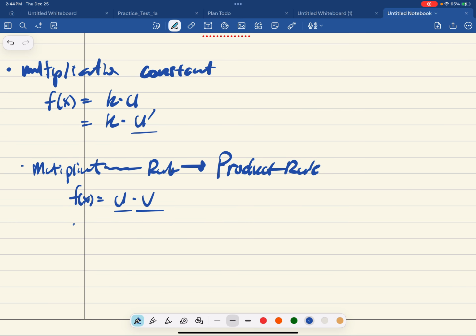Product rule, I didn't finish saying. Every time you derive it, you likely would need to put a prime or make it dy on dx, meaning that you derived it, that you did some magic to it and turned it into a new function, not just reducing, because in many cases you have to reduce.